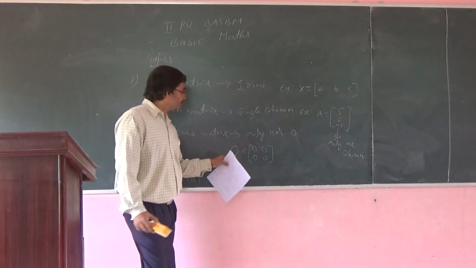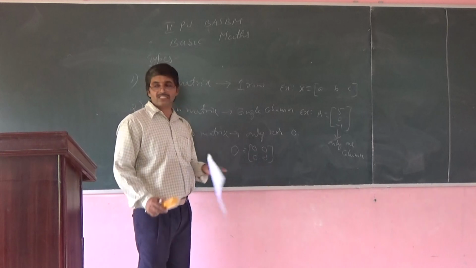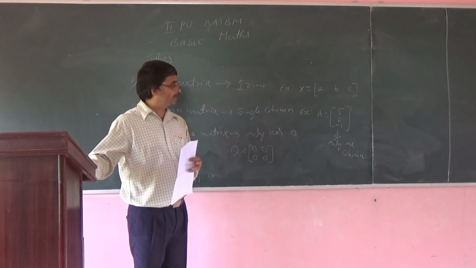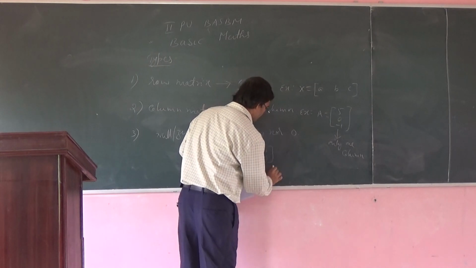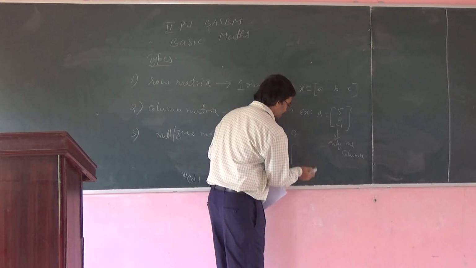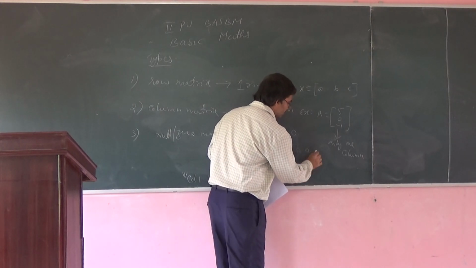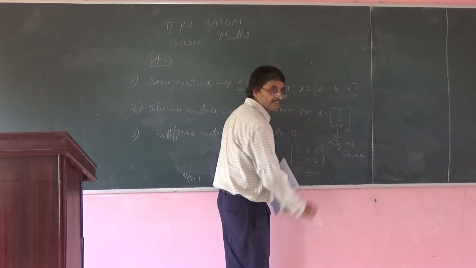Null matrices are represented using this symbol. So this is a null matrix of order 2 by 2. One more example: a null matrix can be like this also, 0, 0, 0, 0, 0, 0. This is again a null matrix.